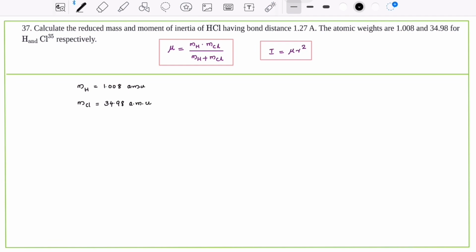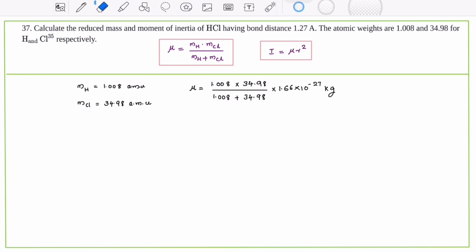Therefore, the reduced mass mu is equal to 1.008 into 34.98 divided by 1.008 plus 34.98 into 1.66 into 10 raised to minus 27 kilogram. That is, the reduced mass mu is equal to 1.626 into 10 raised to minus 27 kilogram.